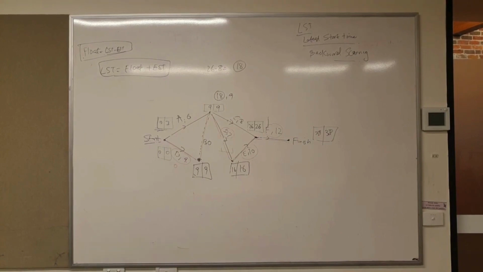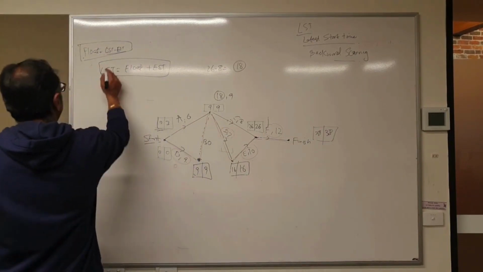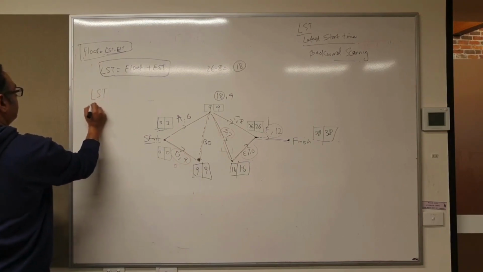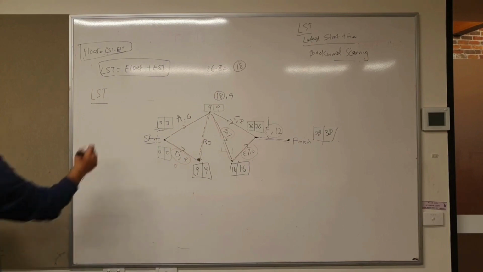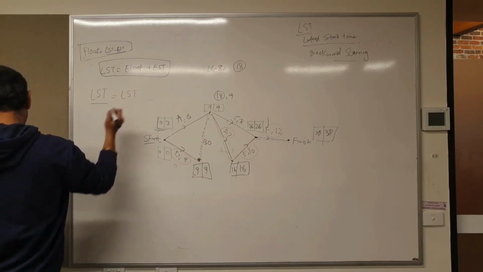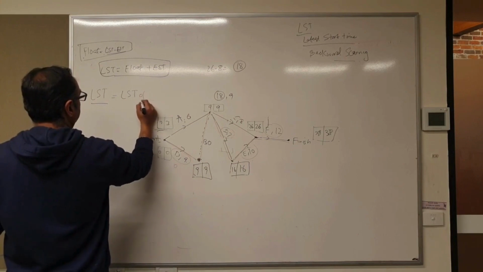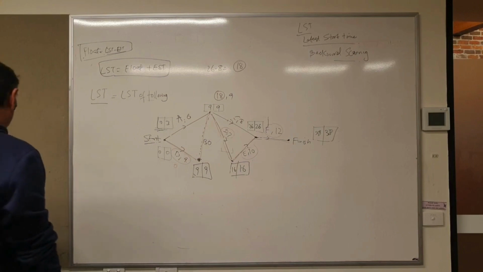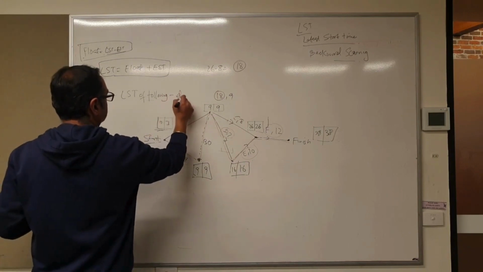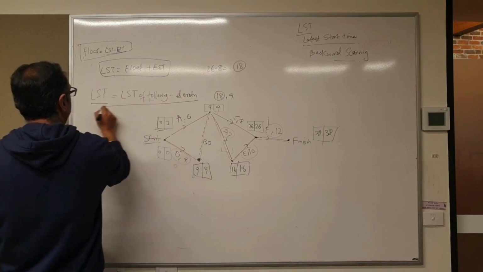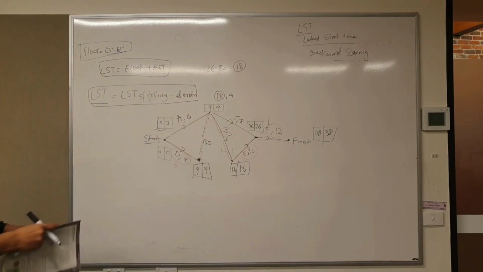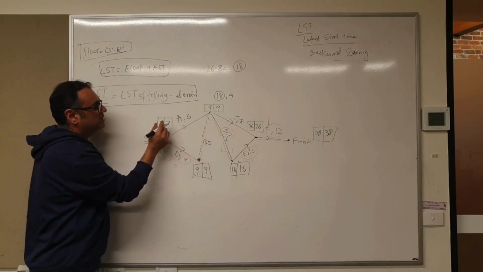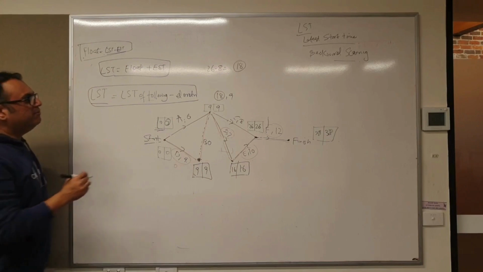So the few important formulas are: your LST equals the LST of the following activity minus the duration of the activity. How are you finding LST? If I have to find the LST of A, which is this number, how do I find it?